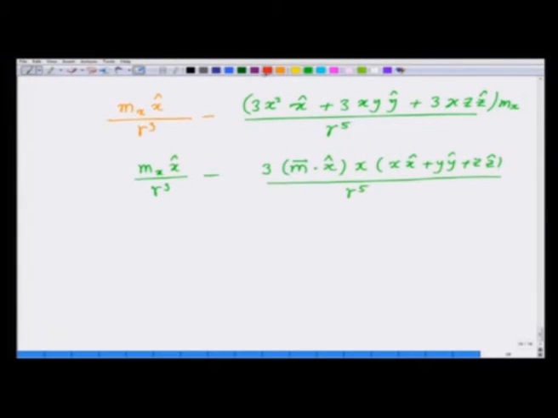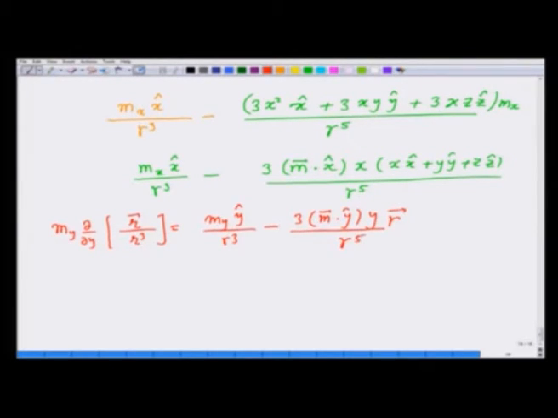Similarly, if I take my partial y of r over r cubed, I am going to get my y over r cubed minus 3 m dot y, this x plus y plus z I am going to write as r vector divided by r raised to 5.